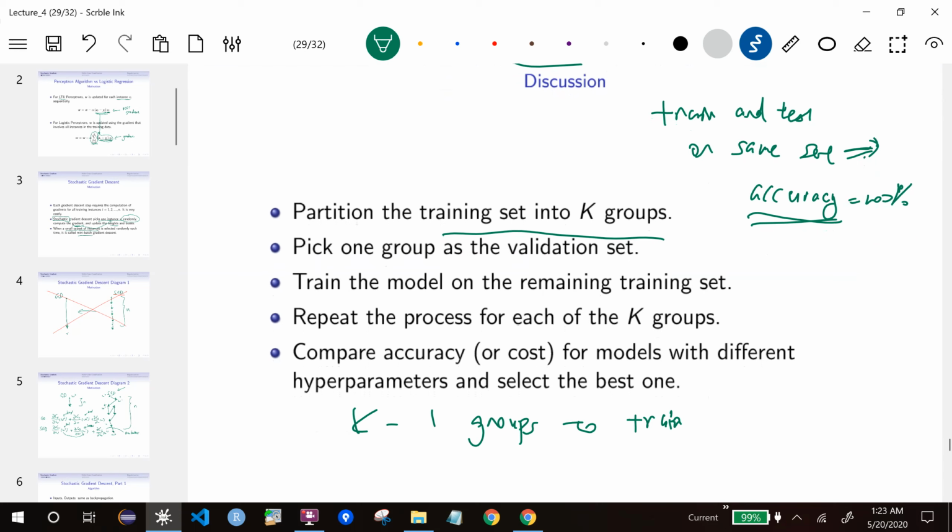The parameters will be different, but we want the same hyperparameters because we are comparing hyperparameters, right? Of course the parameters will be different each time we train, but we keep the same hyperparameter, and then we test or validate on the remaining one group to get, say, accuracy.